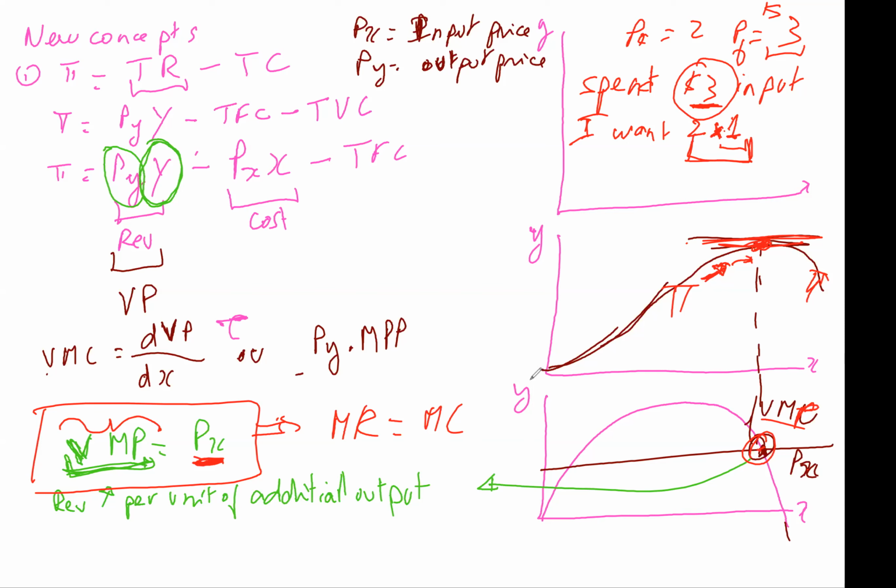That's the reason why farmers need to know in advance what this PY is, because you can see that this PY fluctuates over time. And if they don't know this PY, they cannot know how much input they should add to the soil to get the output.